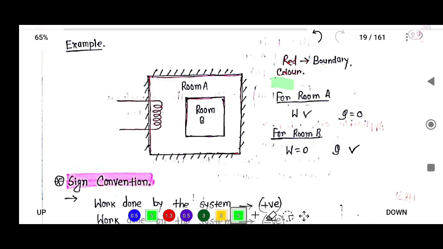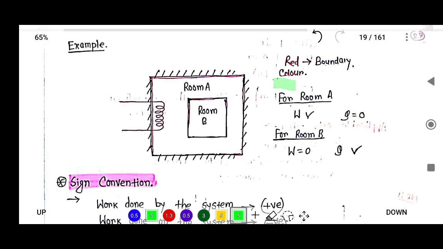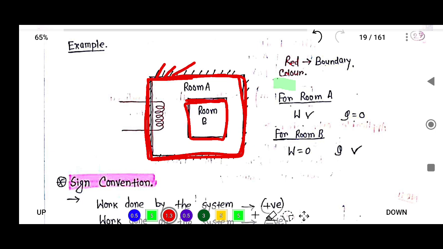Now consider this is one system, room A, system A, and this is another system, system B. System A is insulated.